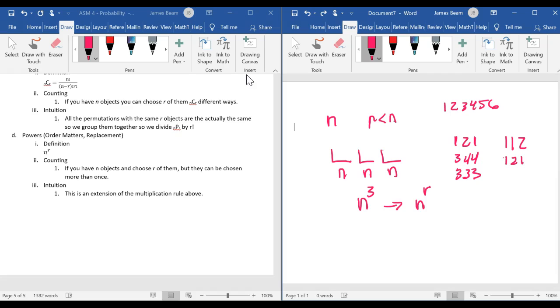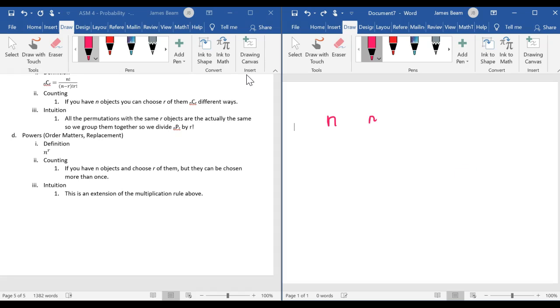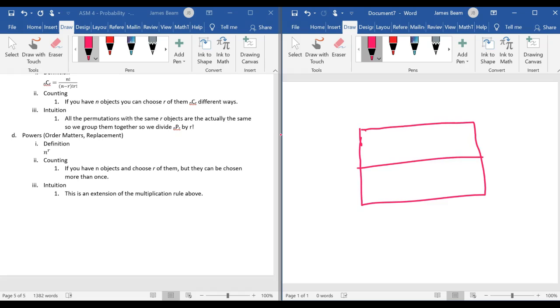Now this is where they all start to gloss over, because it's all like, oh my gosh, I've got powers and combinations and permutations and factorials and all of this. So what I tend to do with the students is I tend to build a table. And I say order: does it matter? Yes, no. Is there replacement?